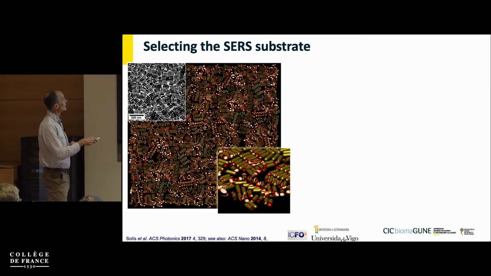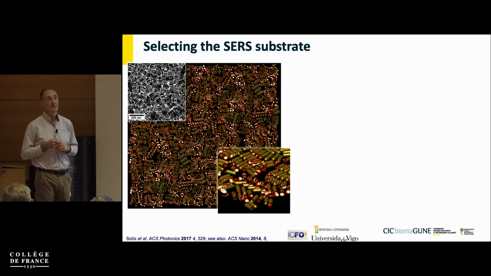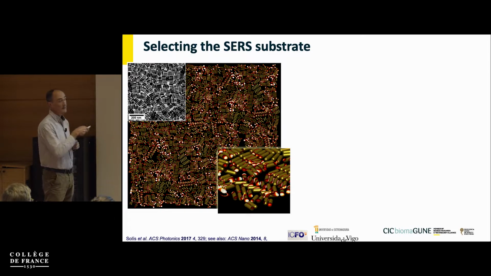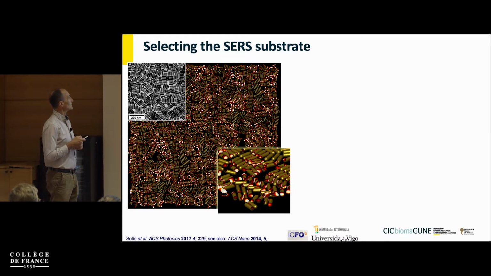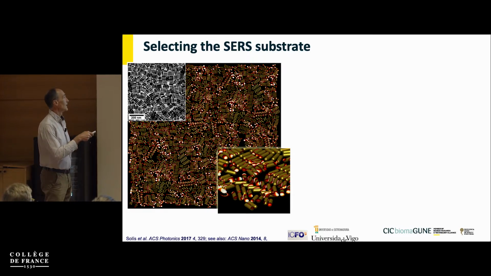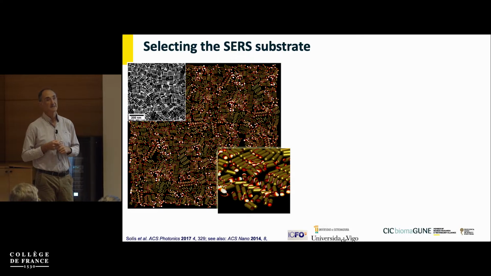Okay, now what you see here is already the result of the simulation, where the white spots would be those areas where the Raman signal is amplified most, and the dark ones would be the areas where there is no amplification. And so what you can see is that, well, you could say that there are many white spots, but if you calculate the percentage, it's actually very small, okay?